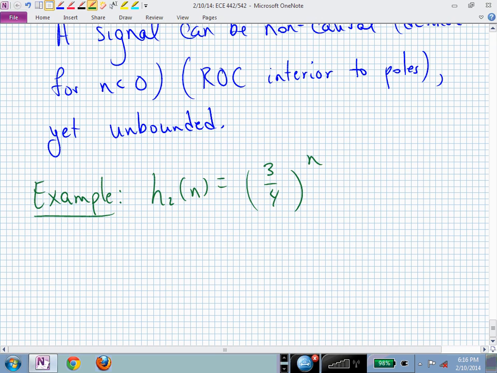As long as this value is less than 1, then when I raise it to negative powers, it's actually going to effectively be getting bigger as n marches off in the negative time direction. And that's going to give me an unbounded waveform, where this is now n less than 0.